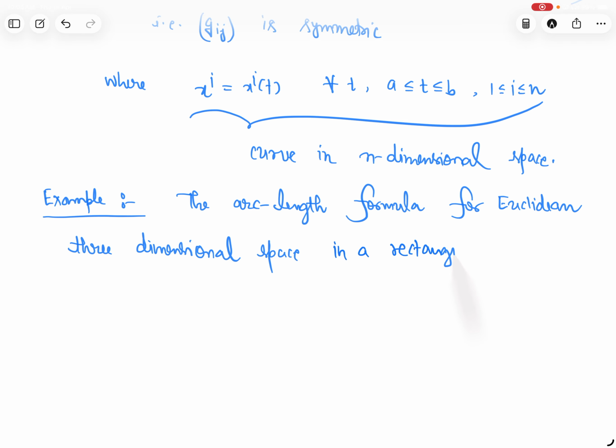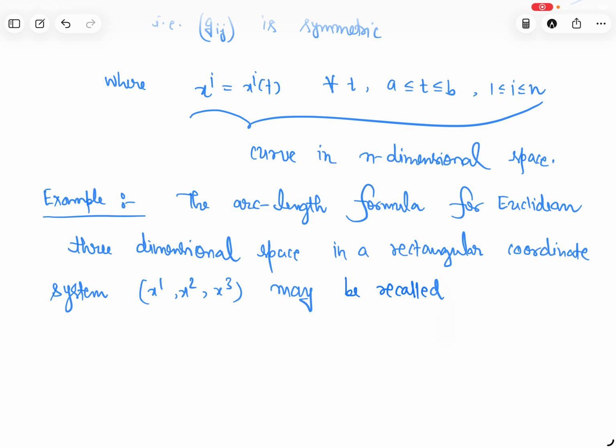Rectangular means the xyz coordinate system, x1 x2 x3, may be recalled. So we are recalling what the arc length formula is in three-dimensional space.